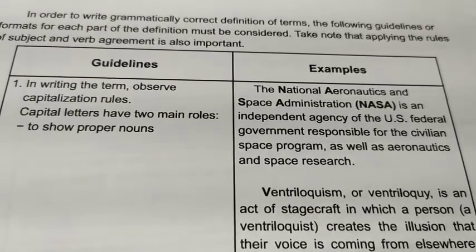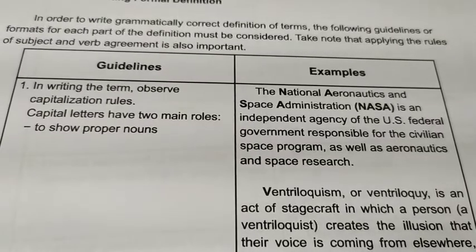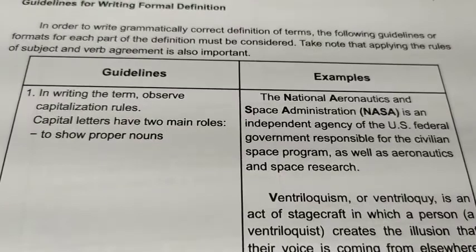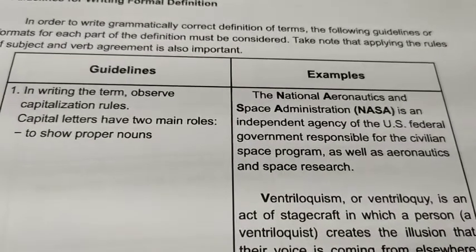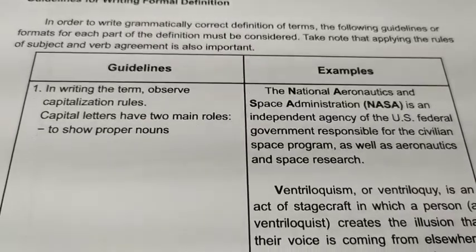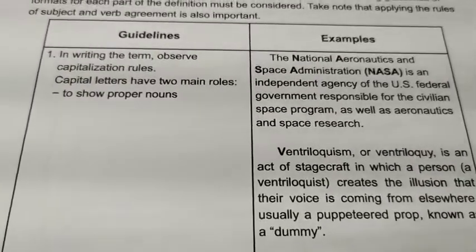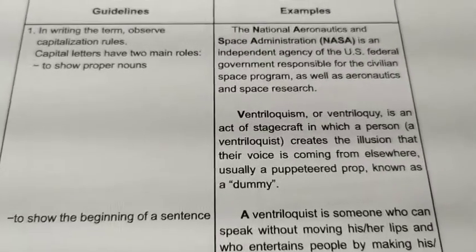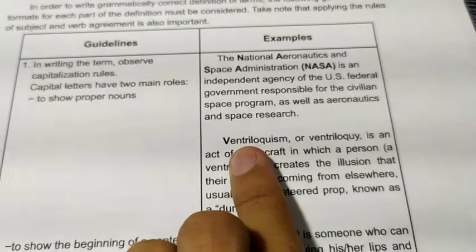For example, NASA stands for National Aeronautics and Space Administration, so the initial letter of each word is capitalized. Even the term itself that you want to define, you will capitalize as well, as you observe here.